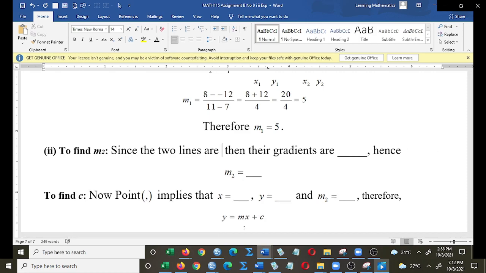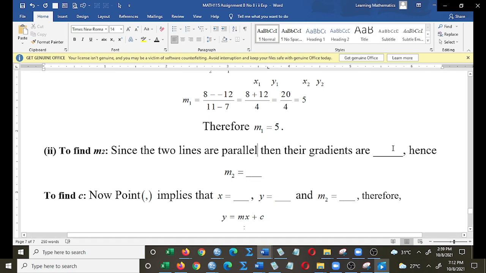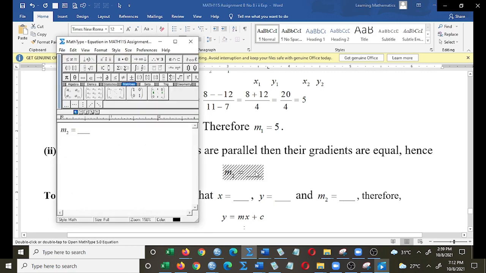Since the two lines are parallel, then the gradients are what? Equal. Hence, what is M2? 5. M2 is also 5. Okay.